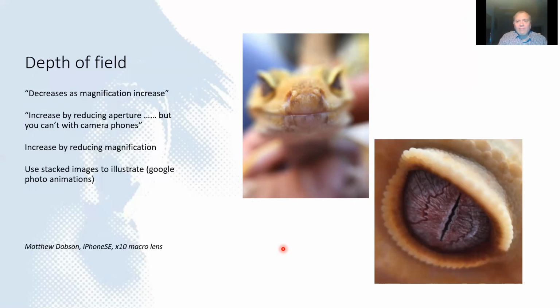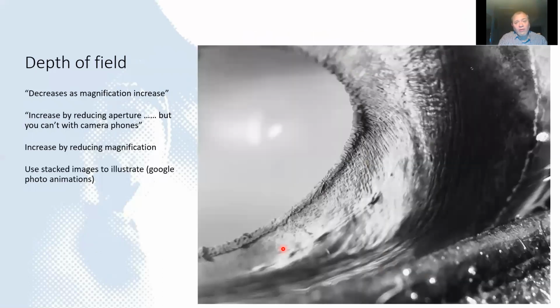Sometimes that can be a problem for us, but sometimes it can also help to highlight images, highlight pathology. This is a photograph of a horse's eye. There's the lid margin here, and we've got the pupil margin here. You can even see the tear film between the cornea and the eyelid margin.